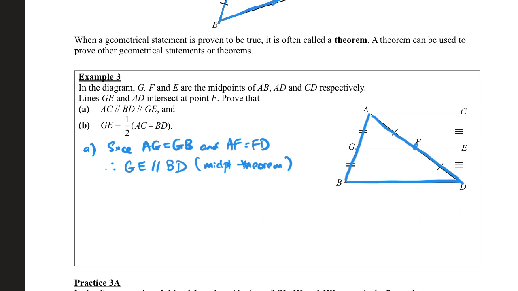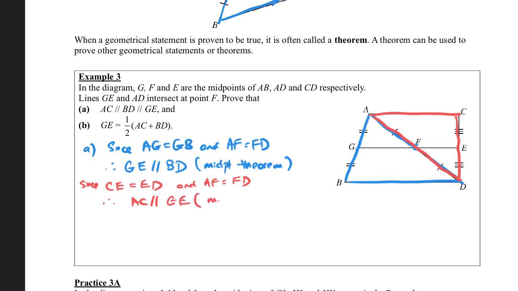And let's look at the other triangle, this one here. Same thing, F is the midpoint of AD, E is the midpoint of CD. So since CE is equal to ED, same length, and AF equal to FD, therefore AC is parallel to FE.